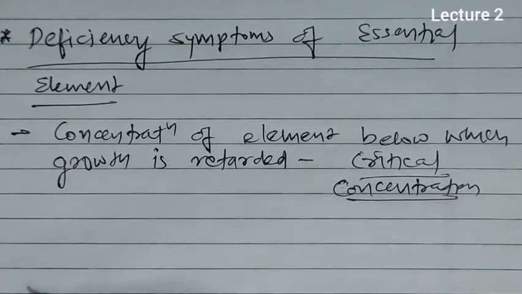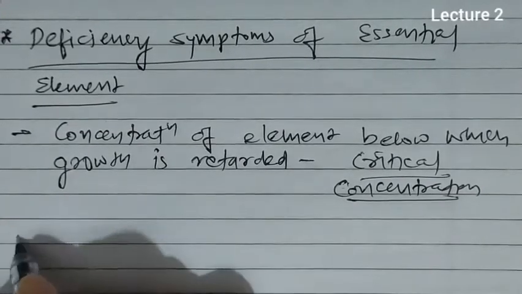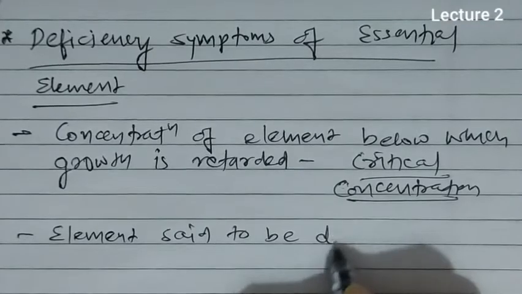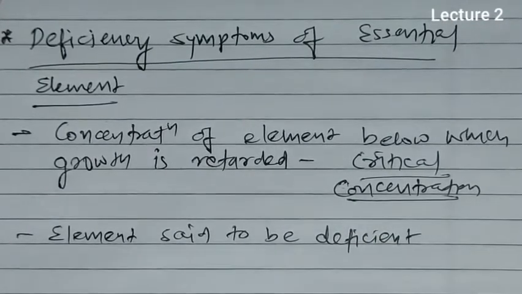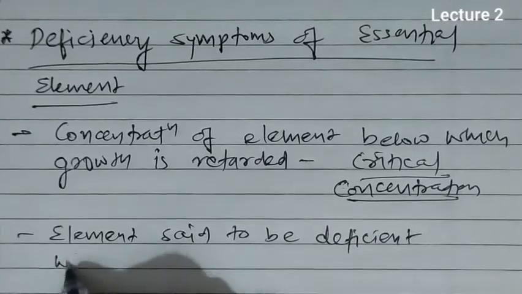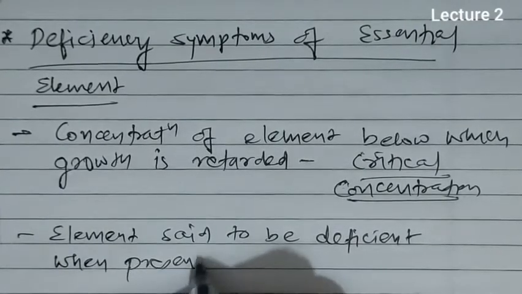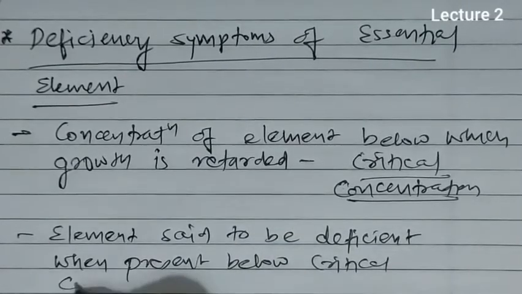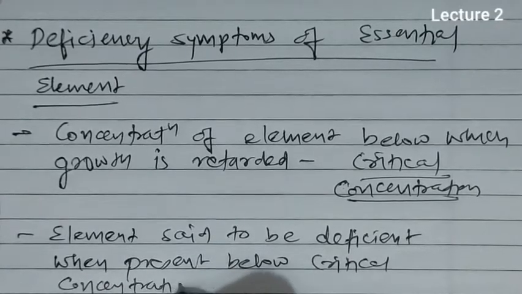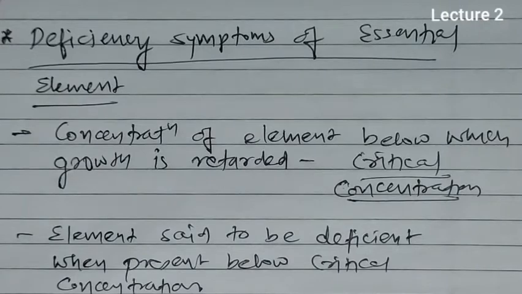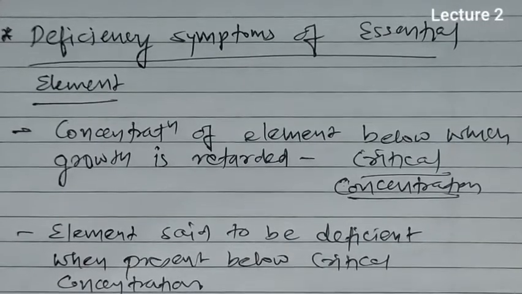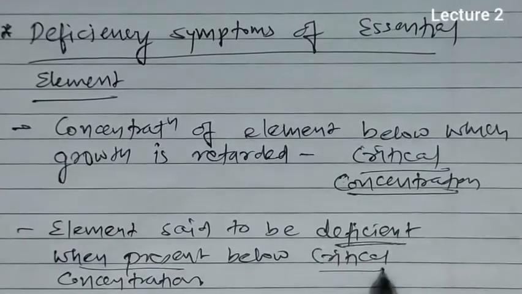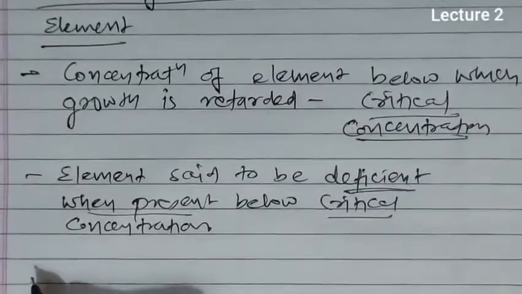So an element is said to be deficient when present below the critical concentration. When the concentration of that particular element in the plant is below its critical concentration, it is deficient.